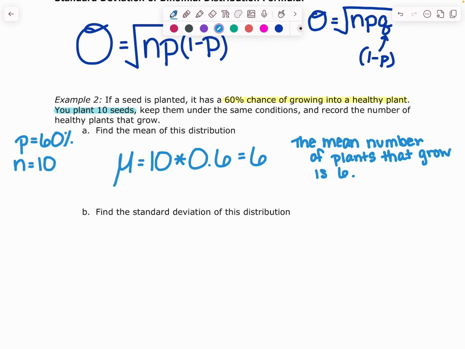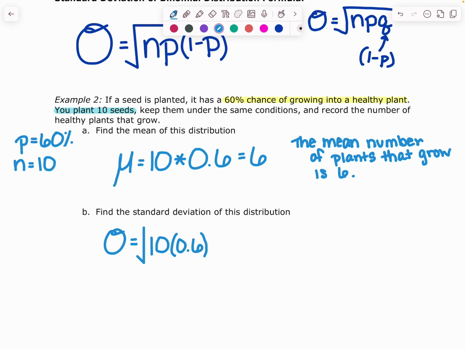And now we can do the standard deviation. That is sigma, and we're going to do the square root. Again, I'll finish the top piece here in a second. 10 times 0.6.